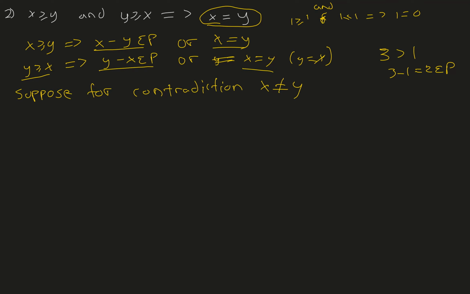So this scenario is being ruled out. So we're only left with these two cases, that x minus y is in P or y minus x is in P. So let's see how we can handle that. Since x minus y is in P and y minus x is in P, we can add both of them.